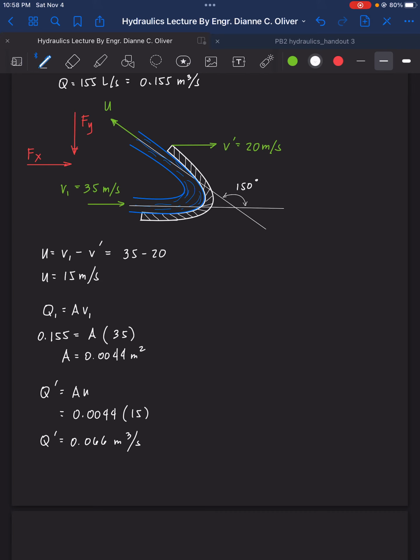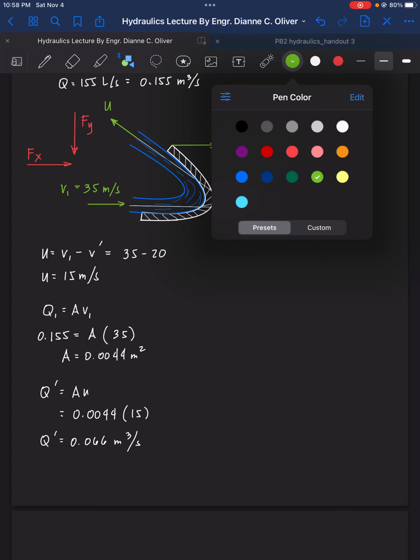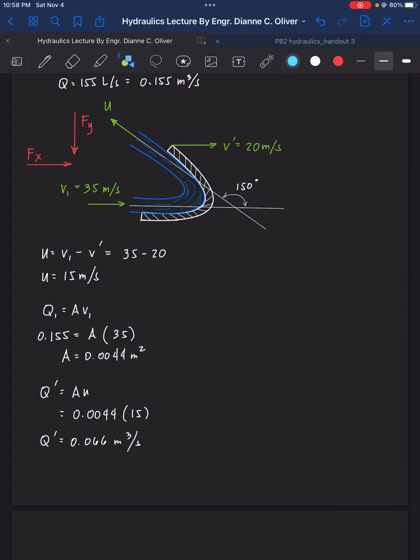Okay, now let's go to the assumption. Now if we assume that V2, let's use a different color.